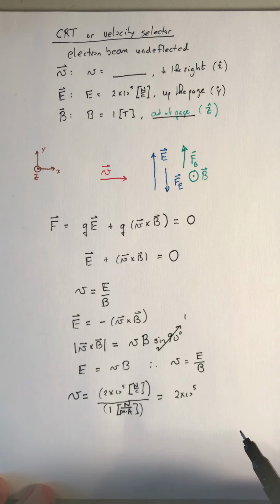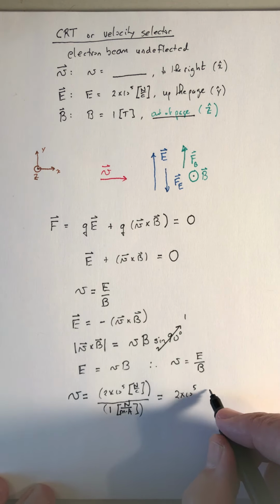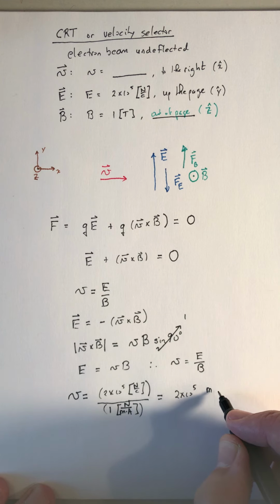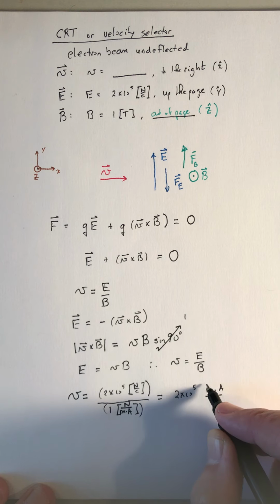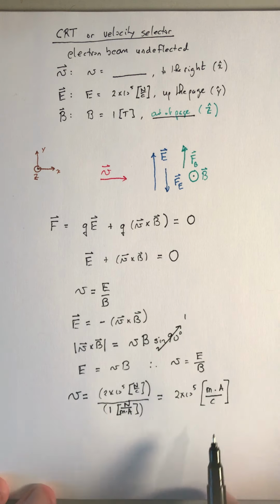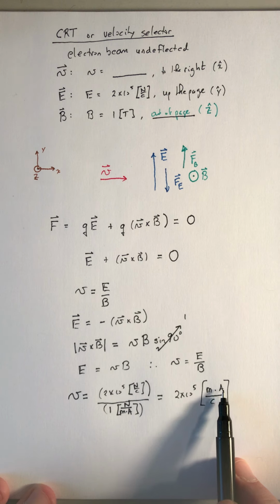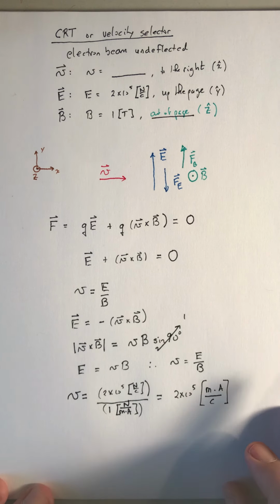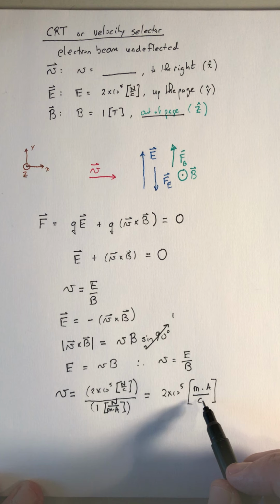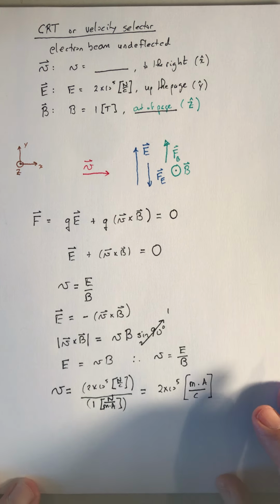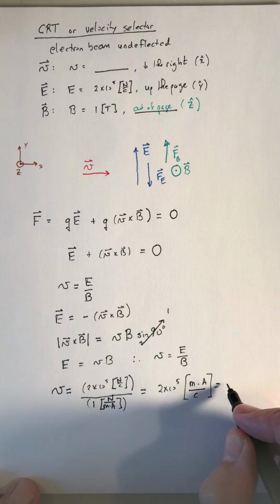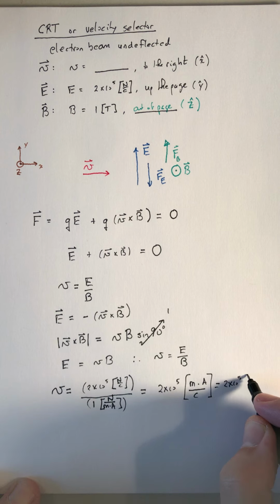The newtons cancel out. So I'm going to have a meter times an amp over a coulomb. And then an amp is a coulomb per second. So the coulombs will cancel out, and this is in fact a speed. So 2 times 10 to the 5th meters per second.